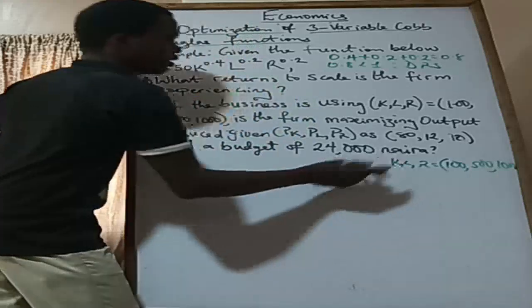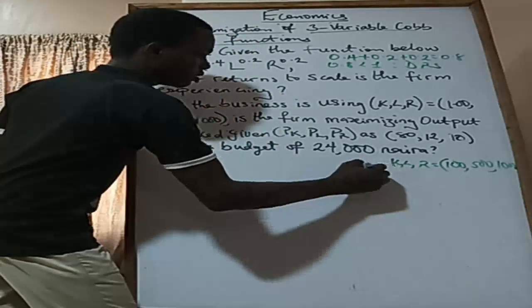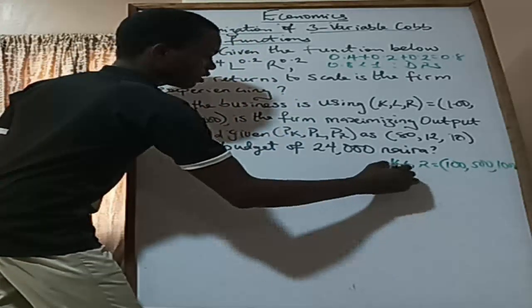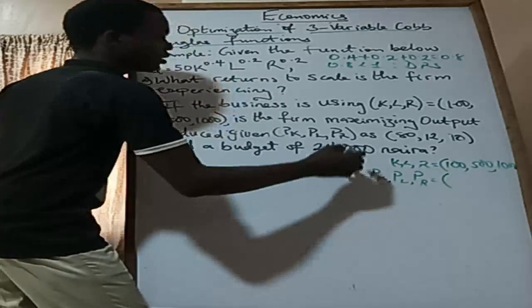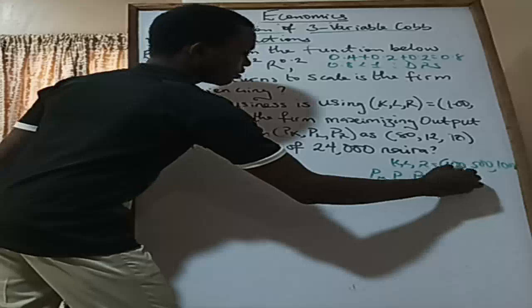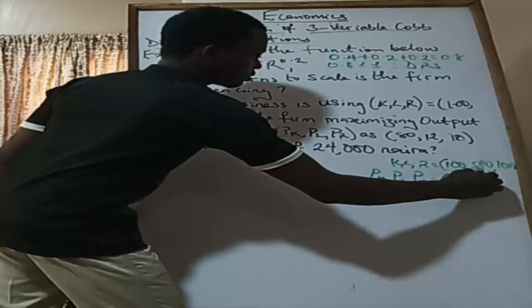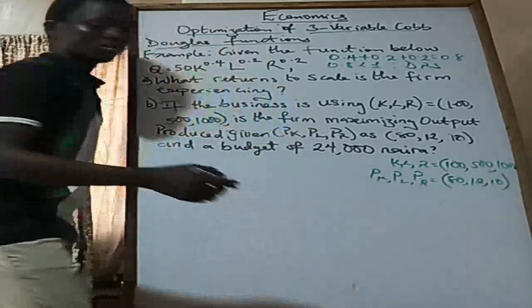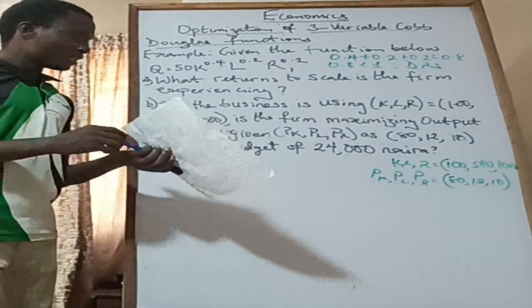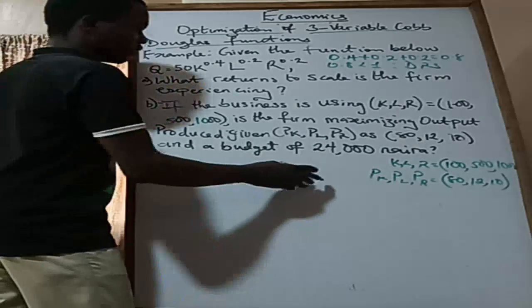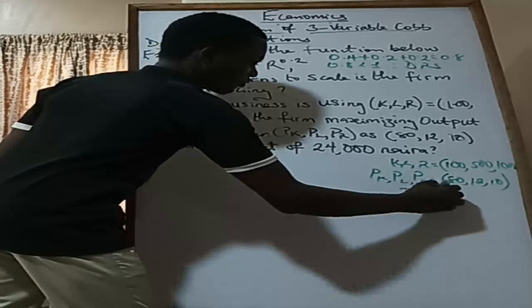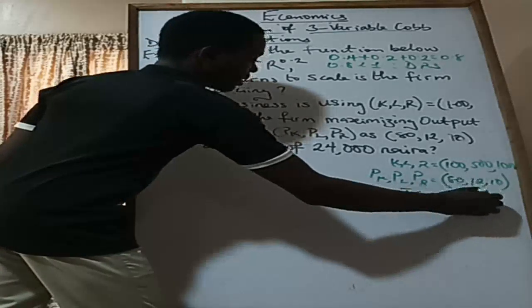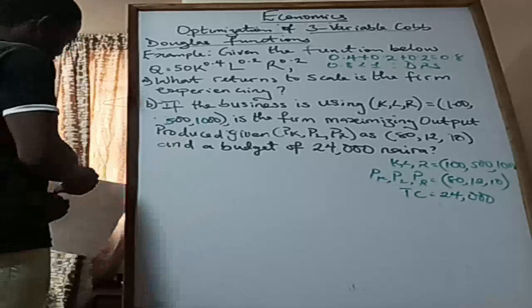And the prices, PK, PL, and PR, are 80, 12, and 10. Those are the things that we should note. Then the TC, given a budget, that's their total cost. TC is 24,000. So with that, I may just have to erase the whole thing.